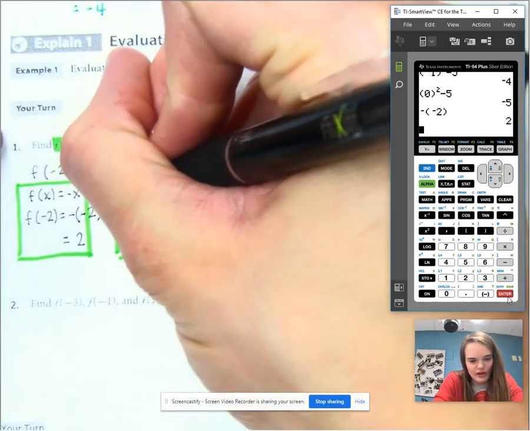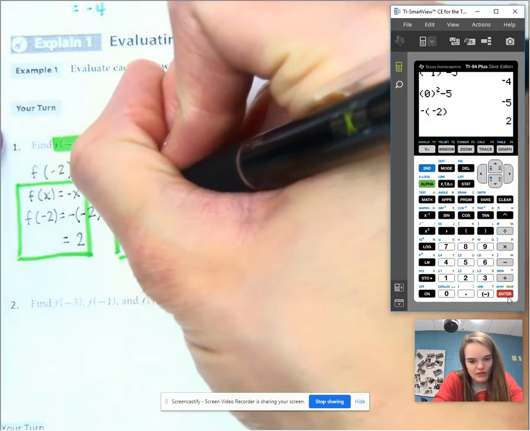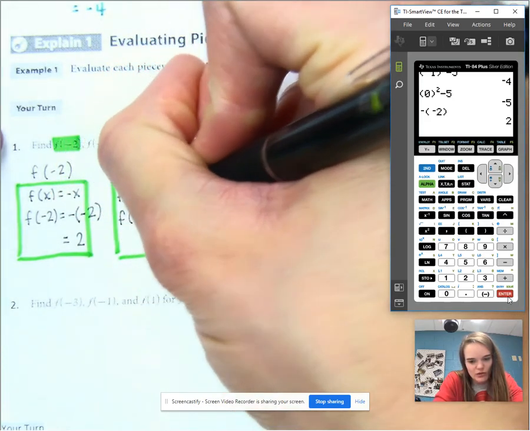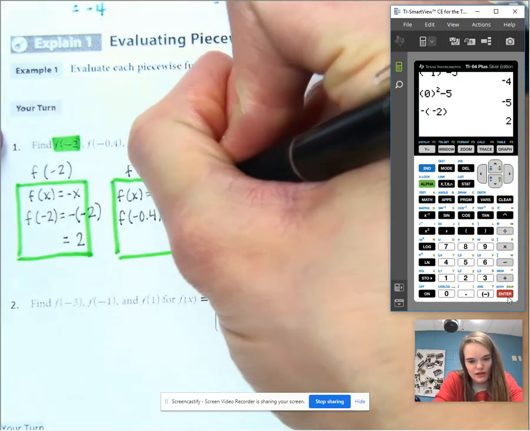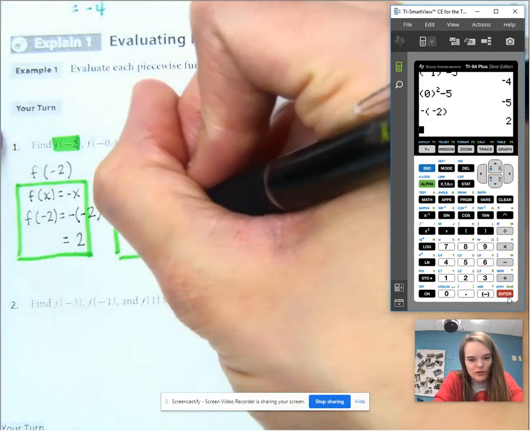So we're still using f of x equals negative x. So f of negative 0.4 equals negative negative 0.4, which, as we discussed, is just 0.4.